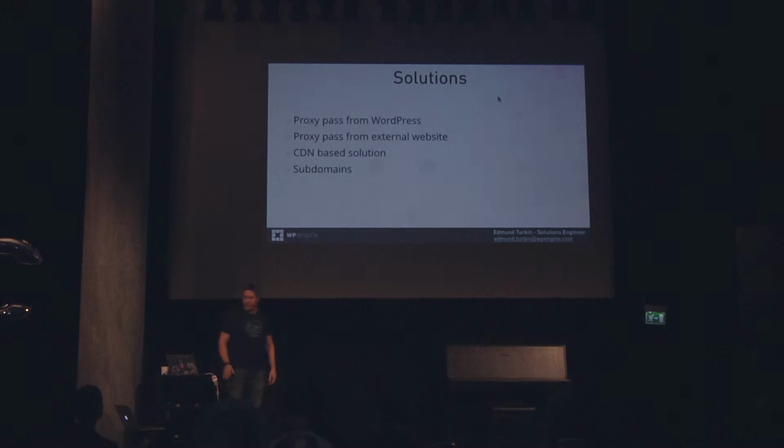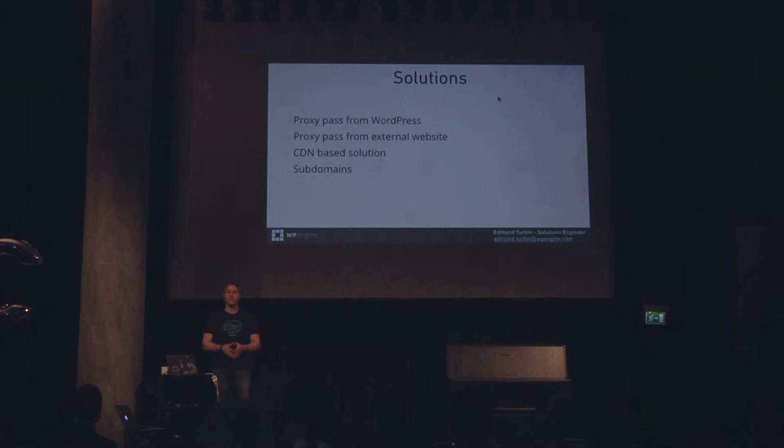All right, so I'm going to talk about the solutions that I see for reverse proxy. So for the most part, it comes in as a proxy pass from an external site. So actually my number 2 here. So an external site will take the traffic and then it will pass it over to WordPress. You can do it the other way, so traffic can come in through WordPress and then be passed to another site. And it really depends.